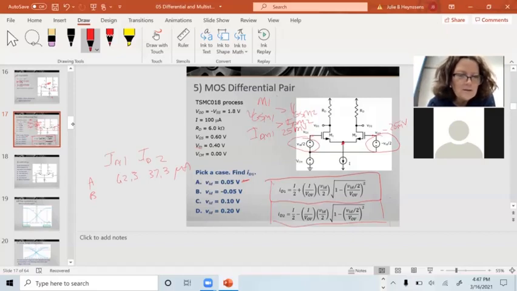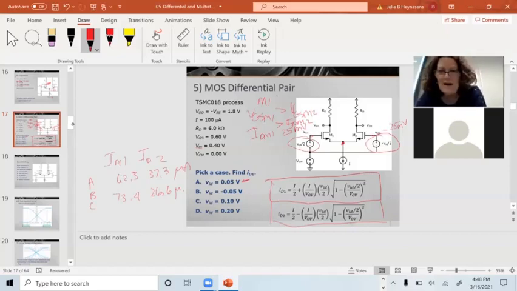If I increase this, case C, where's case C? It is basically going to be 73 and 26.6. If I go to case D, I put 2 volts across there, and I'm frozen. 87.5 and 12.5 microamps.